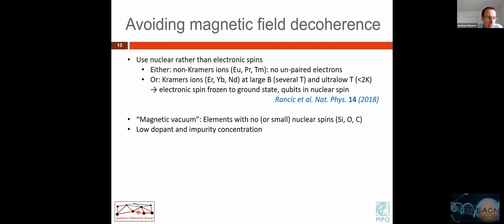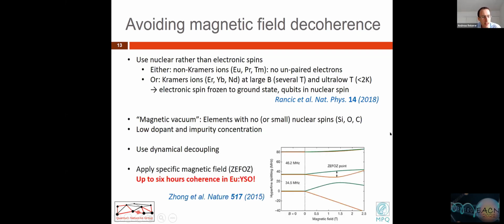Those are the main candidates. You also want to have a very pure crystal with a low dopant and impurity concentration to avoid, as mentioned, spin-spin interactions. In addition, you can use dynamical decoupling, and this has also been shown to work very nicely with rare earth dopants, and this can really give another boost to the coherence times.